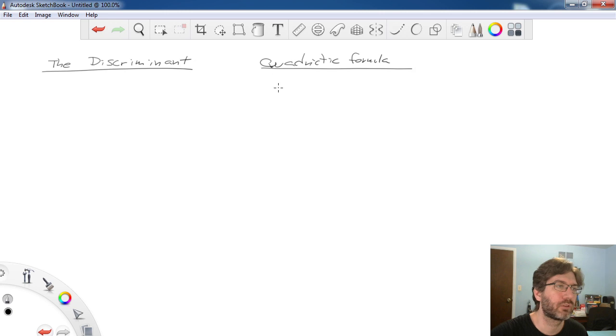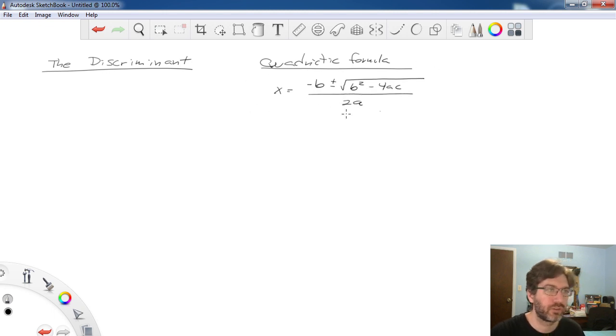The quadratic formula looks like x equals negative b plus or minus the square root of b squared minus 4ac, all divided by 2a. This here is the quadratic formula.